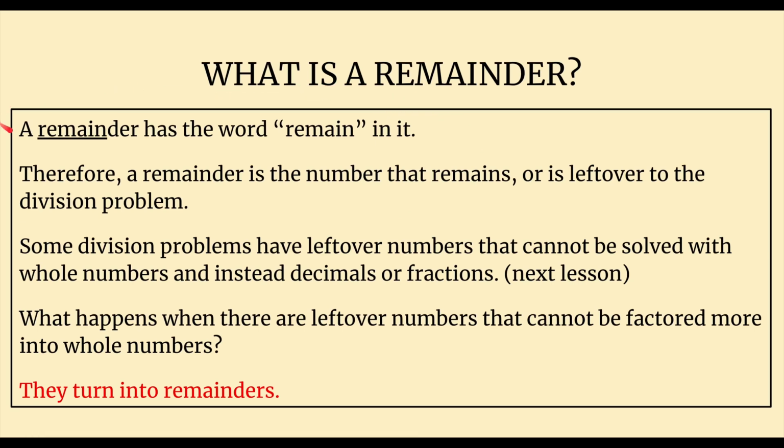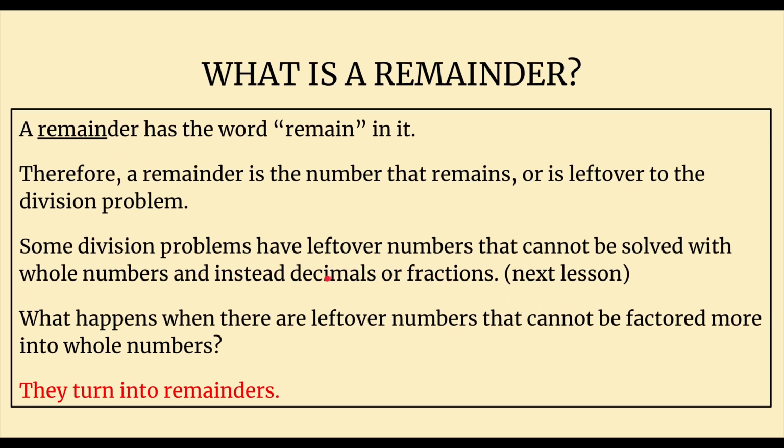Okay, so now going into remainders. What is a remainder? A remainder has the word remain in it, so that's just a way to remember what it means. Remain means to stay, right? So therefore, a remainder is a number that remains or is left over in the division problem. Some division problems have leftover numbers that cannot be solved with whole numbers and instead need decimals or fractions, and that's the next lesson.